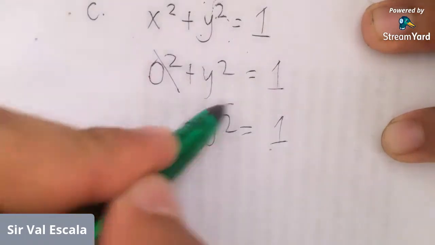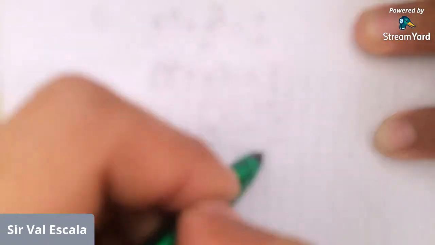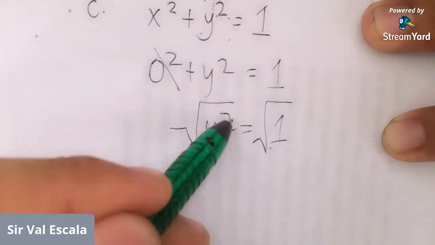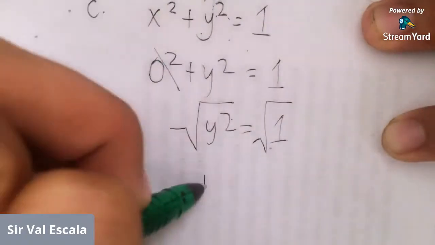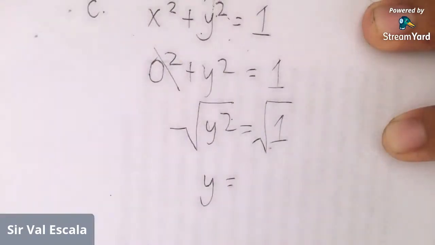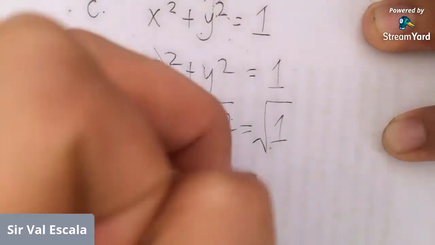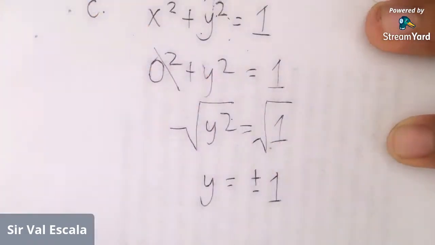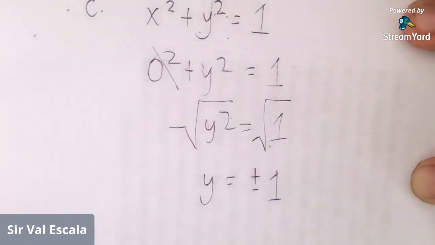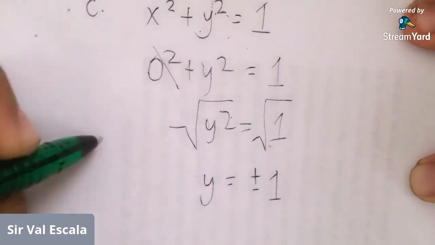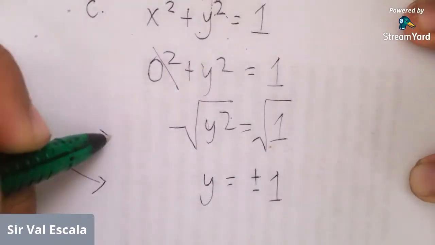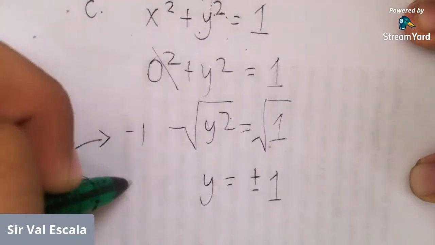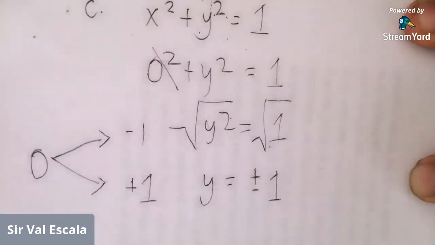Kunin natin ang square root ng y squared at saka 1 para makancel out yung 2 natin dito. So, ang square root ng y squared ay y. So, ang square root ng 1 is positive and negative 1. So, dito pa lang malalaman natin na yung x natin nag-produce na ng dalawang y, which is si negative 1 at saka si positive 1.